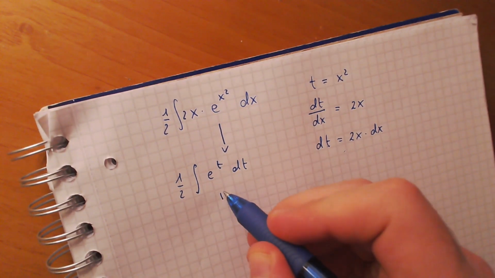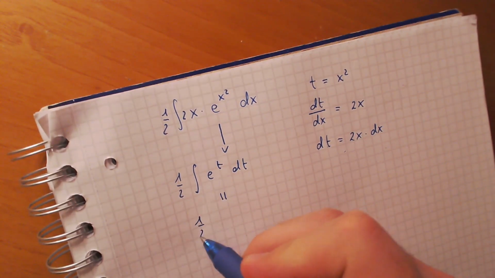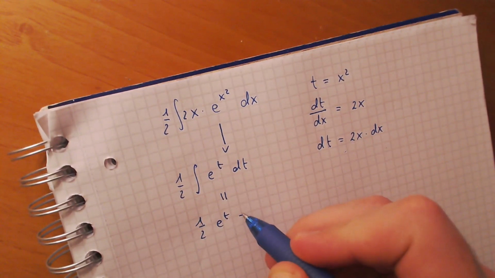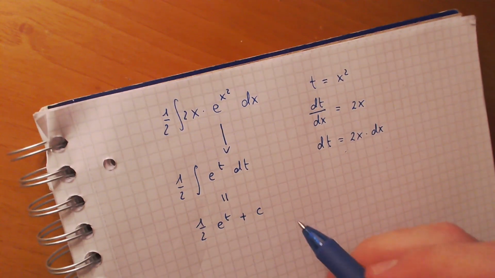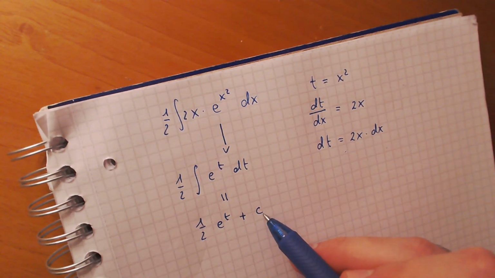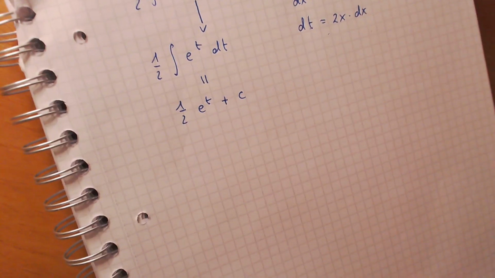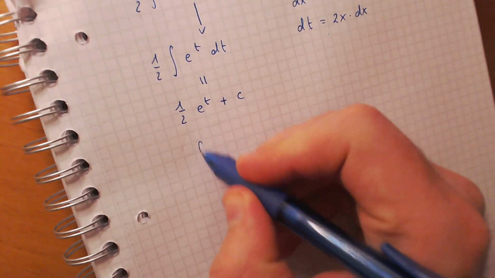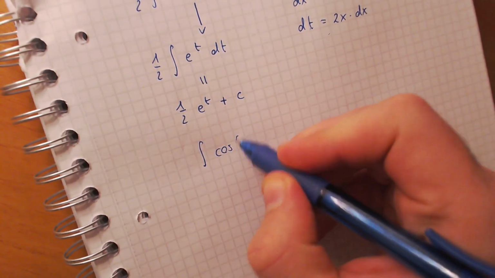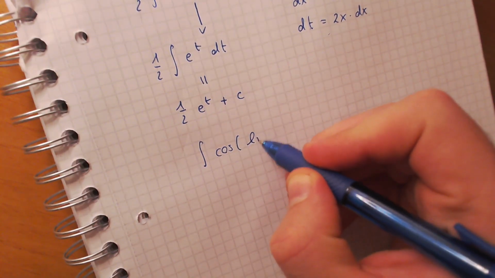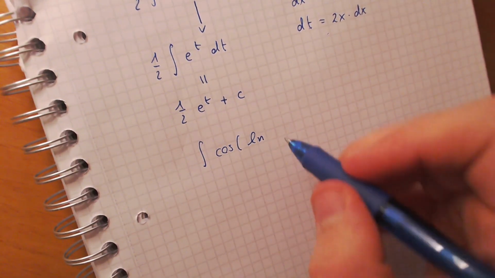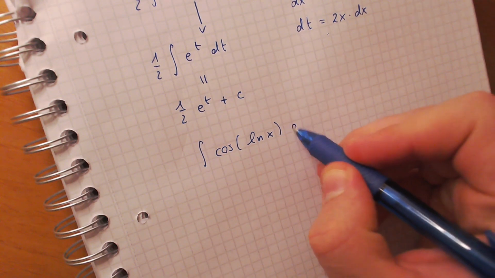So that means that this integral will be 1/2 e^t plus c, where c is the constant of the integration. Okay, the second integral is the following. We have the integral of cosine of the log, the natural log of x dx.